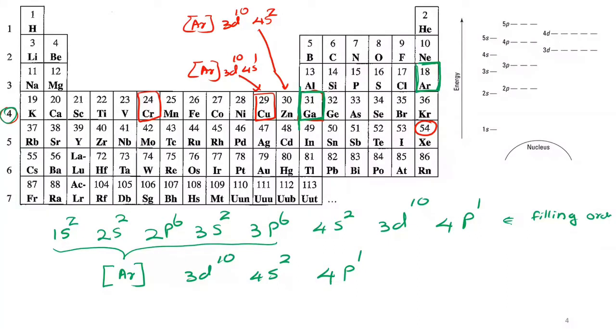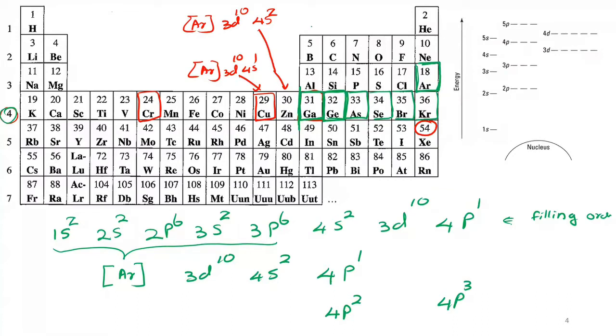And if you do it for the next element, germanium, atomic number 32, you will find that it is going to end with 4p2. Arsenic. If you write for arsenic, it will end with 4p3. And it goes on 4p4, 4p5, and 4p6.